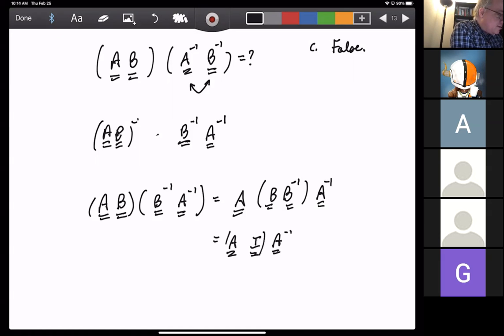That identity you could group with either the A or the A inverse. And now you can see what the identity is. So in fact, the inverse of a product of matrices is the product of the inverses of the matrices in the opposite order.